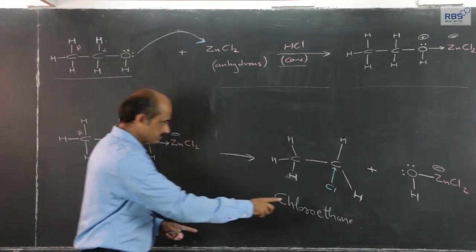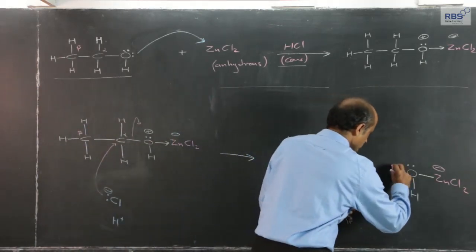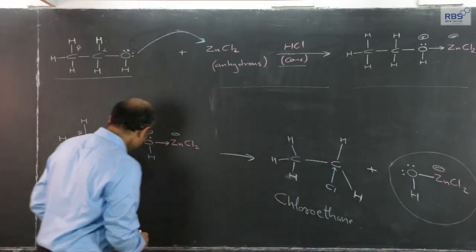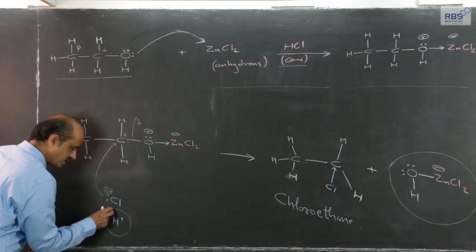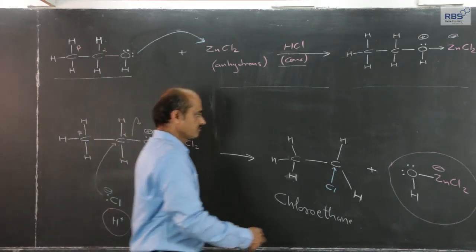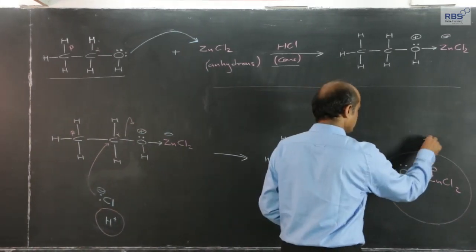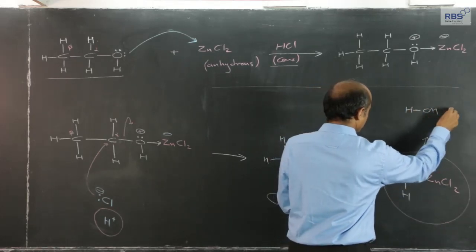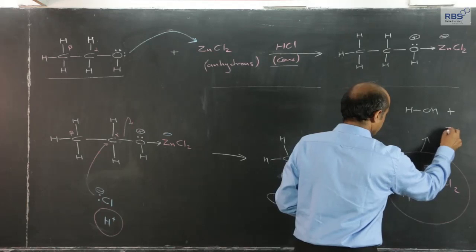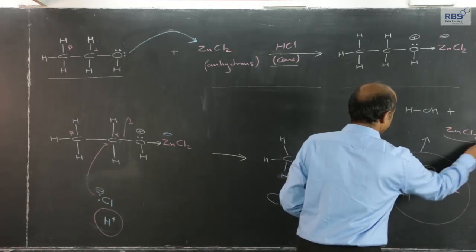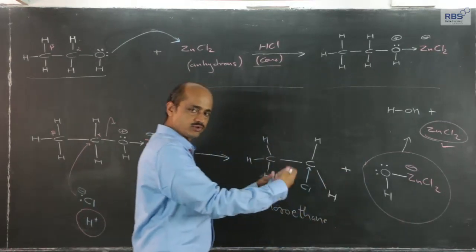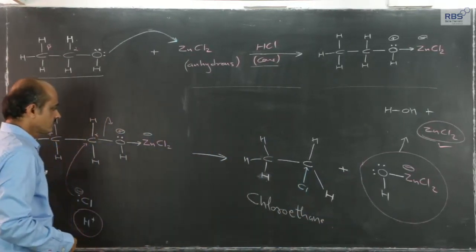And now this species and H plus ion from HCl will react to give water, and ZnCl2 we get back again. It will again further react with the next molecule.